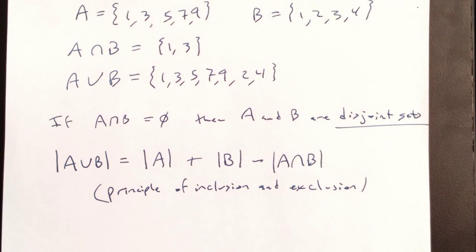More questions? Talk to me. The vertical lines mean cardinality, the number of distinct things in a set.